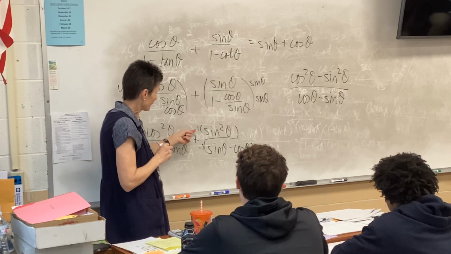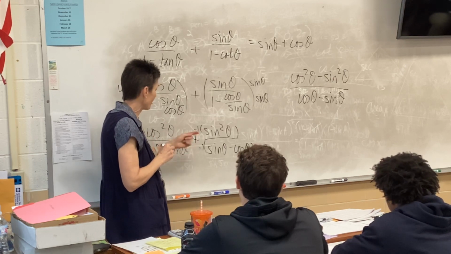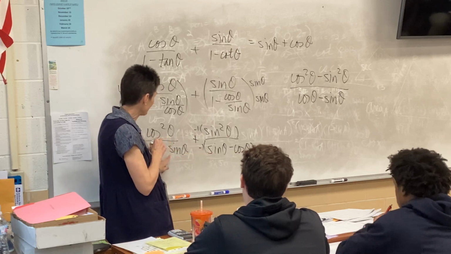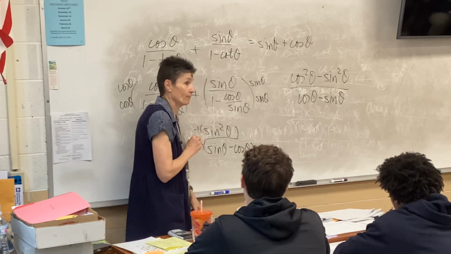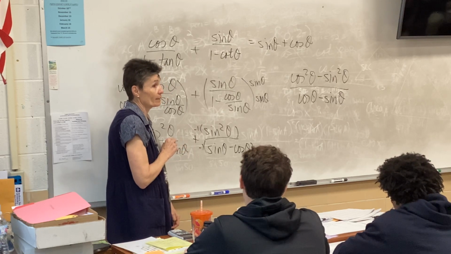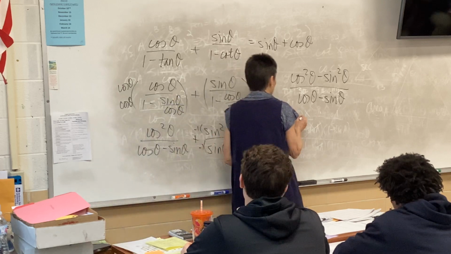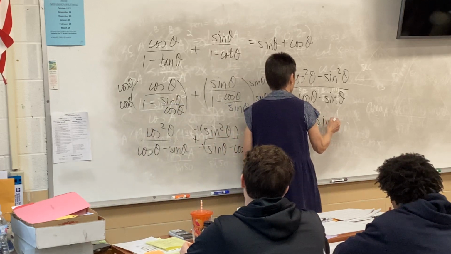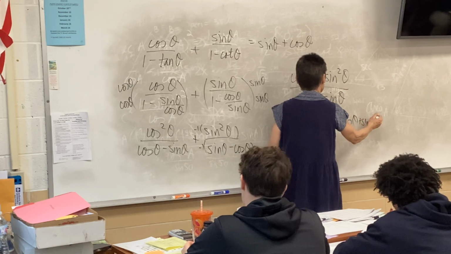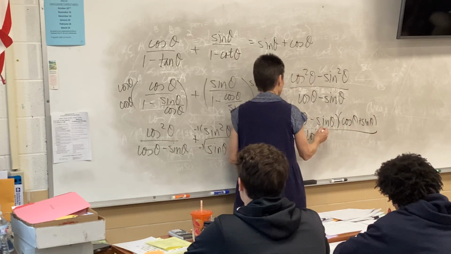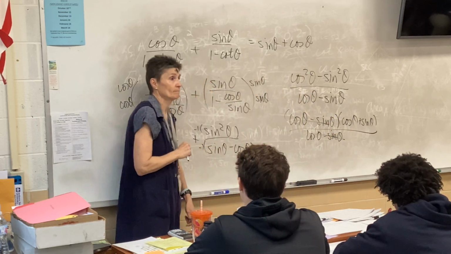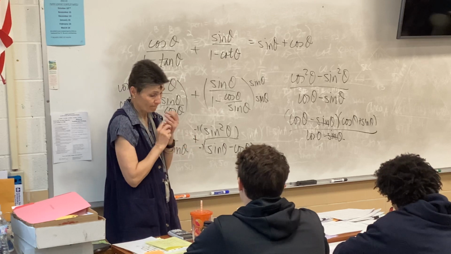I can factor out a negative or multiply top and bottom by negative, it doesn't matter however you do it. So now my denominators match. Now what about my numerator? It factors. And what's going to happen when I factor it? It's going to cancel with the denominator and leave me with what I want. Okay?